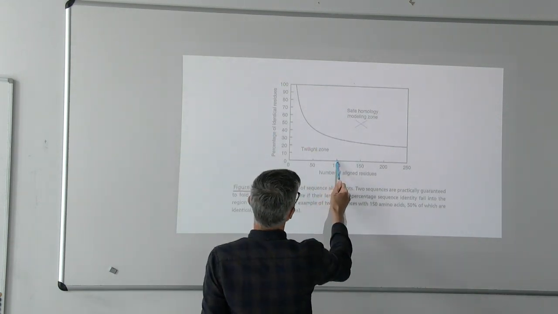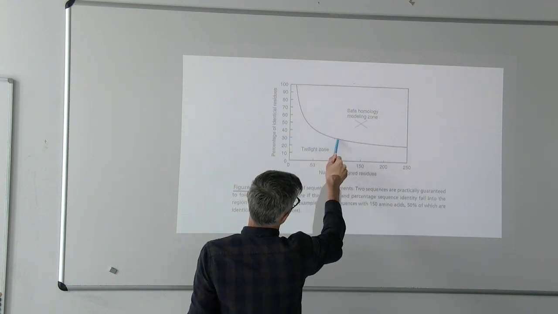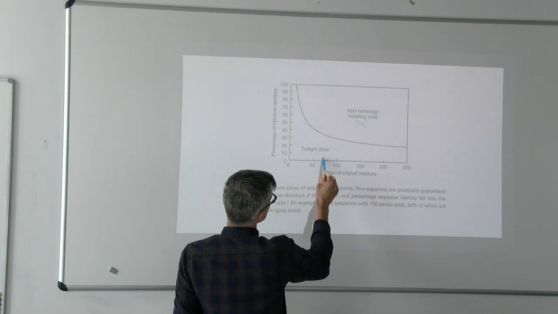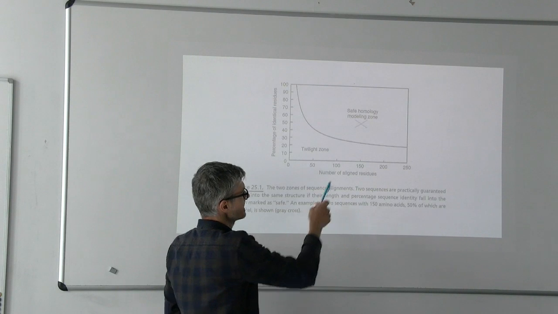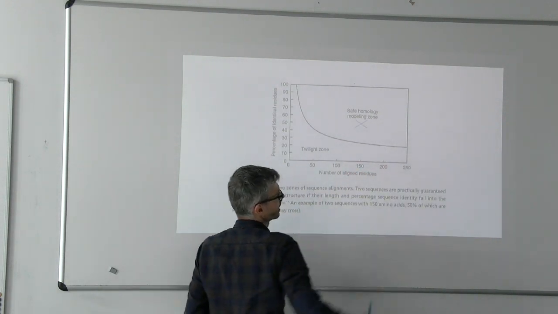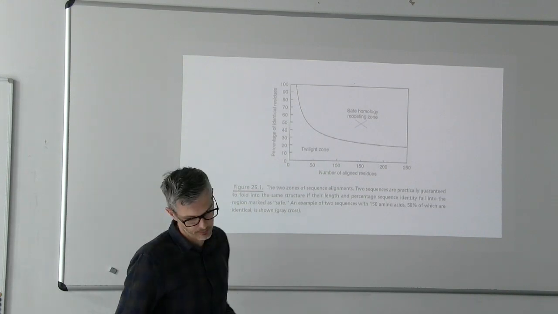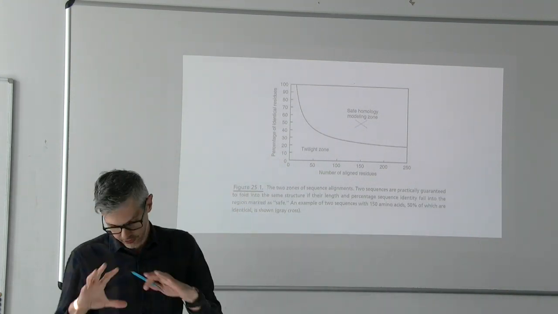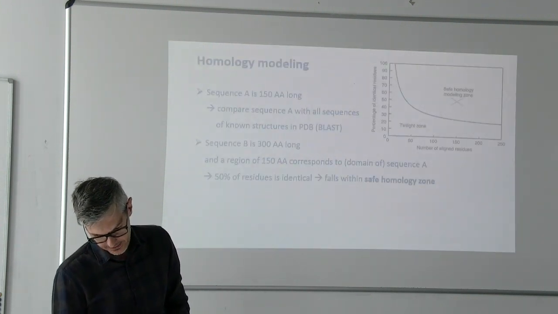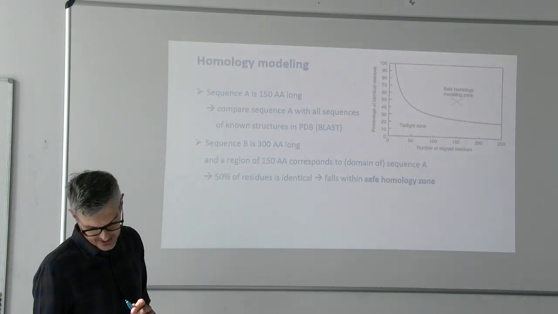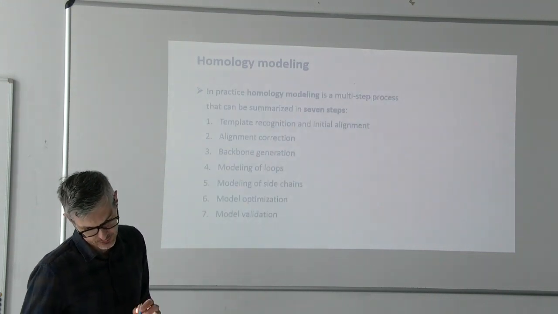For example, at 100 residues you see, 30% is a bit on the border here. If it would be smaller even, you would require a higher sequence identity. But in most cases, of course, proteins are much larger. And I think if it's above 30%, it shouldn't be a problem, and it is possible to have at least an idea of how the structure looks like. This is illustrated on the next slides, what I just explained to you.